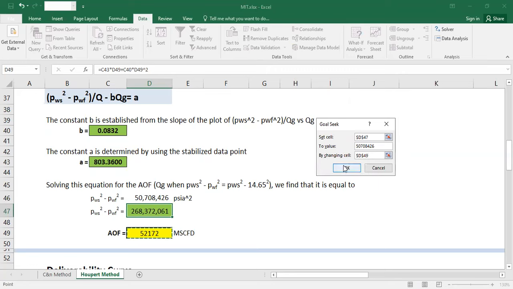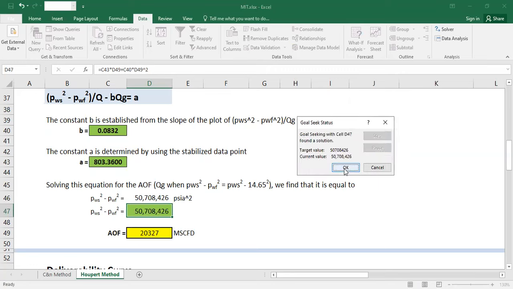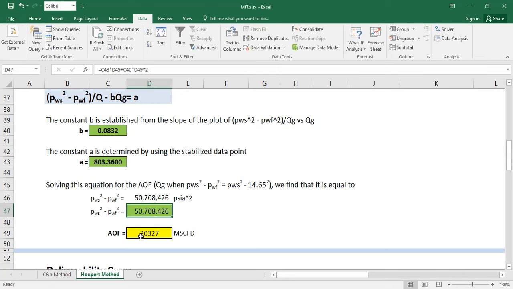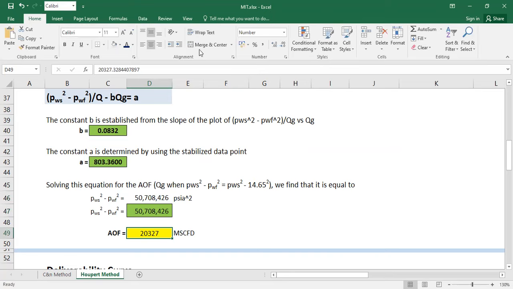All right. So let's click OK. All right. So the absolute open flow is 20,327 MSCFD. So we get the same values, right? So this is our AOF, our absolute open flow.